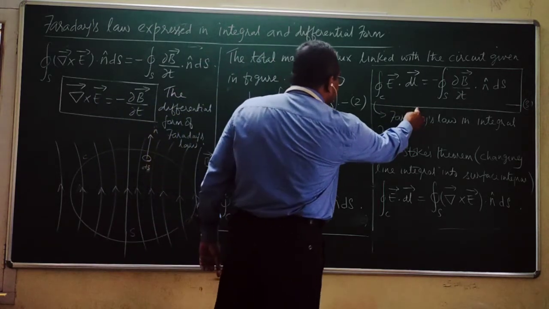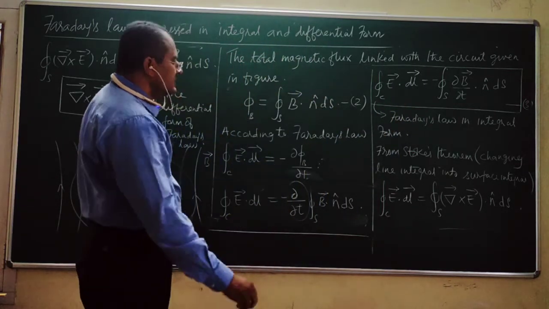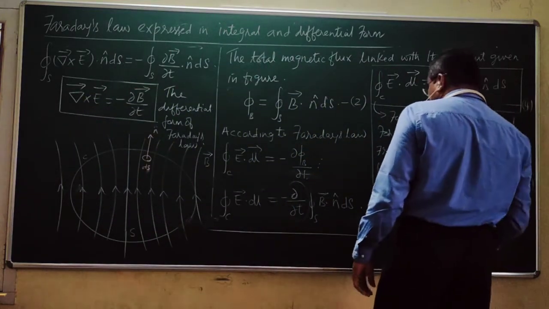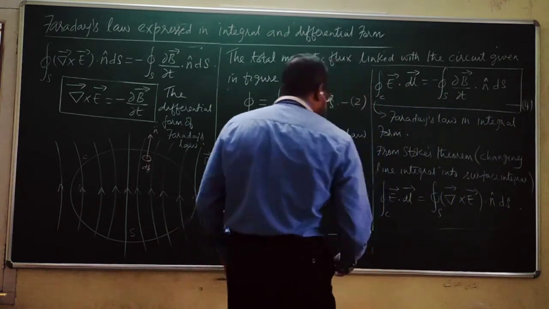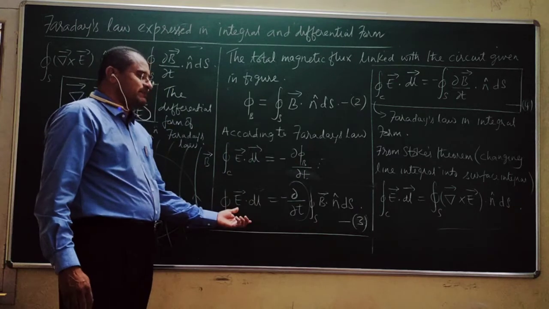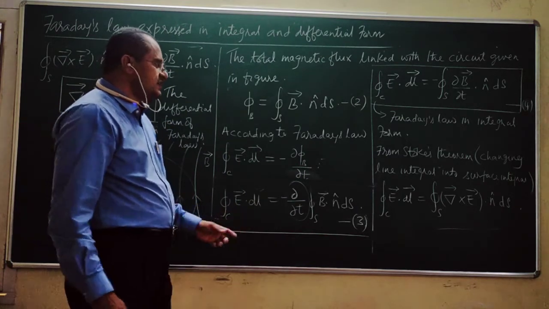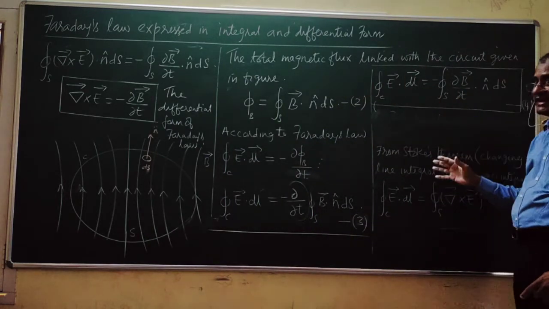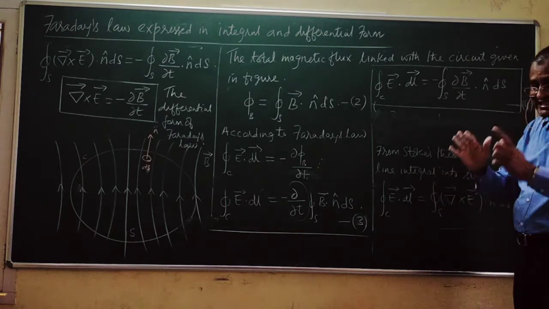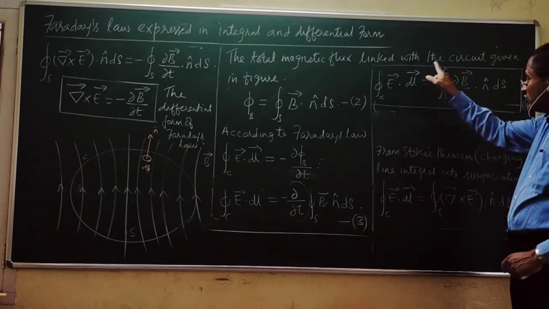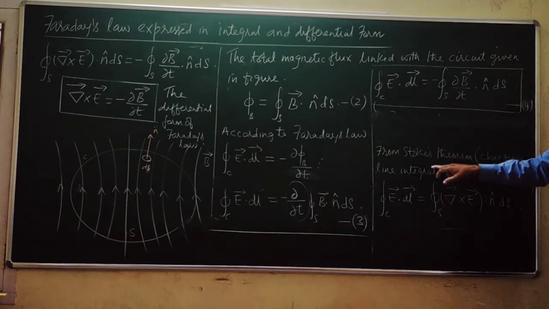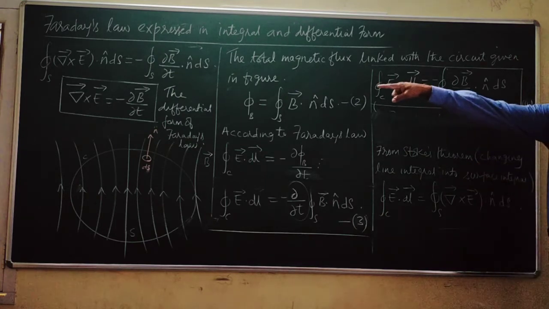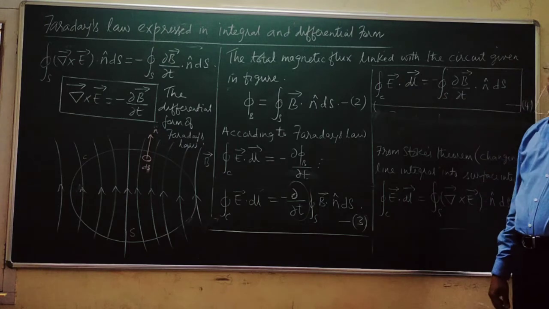Therefore, if I call this expression 4 and this expression 3, then equation 3 represents the integral form of Faraday's law, and dou by dou T has been taken inside only when the magnetic field is changing with respect to time. Then I change this line integral into surface integral using Stokes theorem, then equate to arrive at the differential form of Faraday's law.